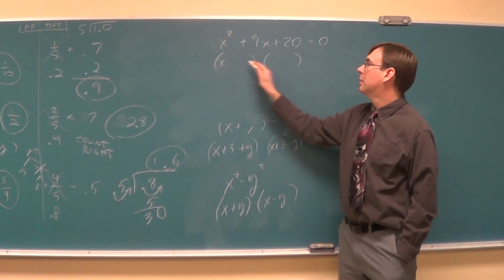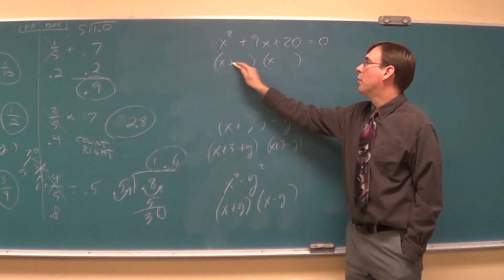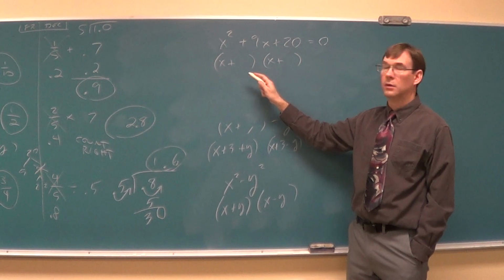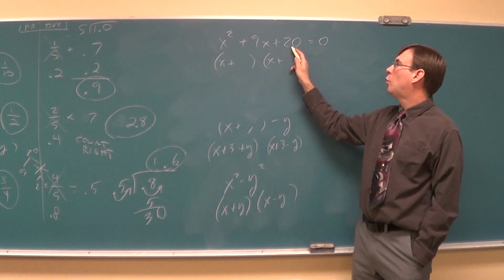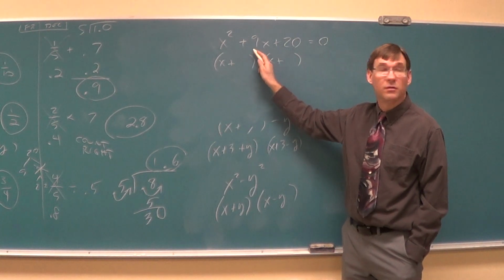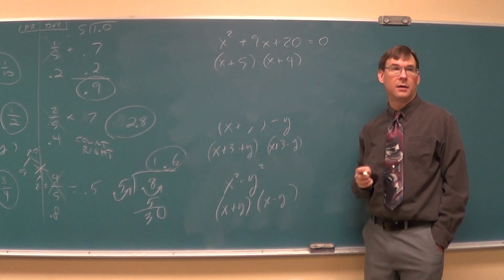Now we'll factor x, x. What do you think about signs? Pluses both ways. How about numbers? We have to multiply to 20, but add to 9. 5 and 4 will do it. Are you okay with that?